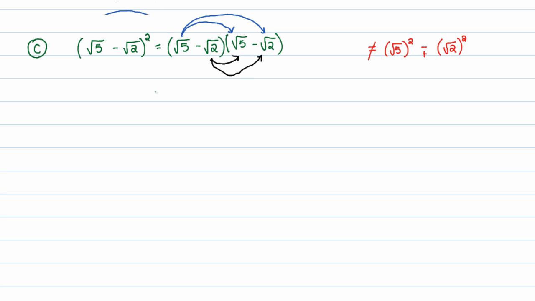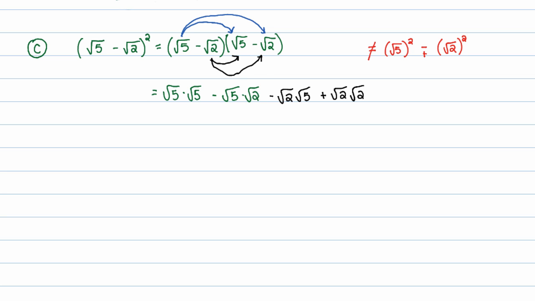Here we go. I'll just write that out. Root 5 times root 5, and then apply the root 5 to the negative root 2, so I'll get a negative root 5 times the root 2. That's the stuff in blue. And in black, I should have written that in black, minus root 2, root 5, and then negative root 2 times the negative root 2 is a positive root 2, root 2.